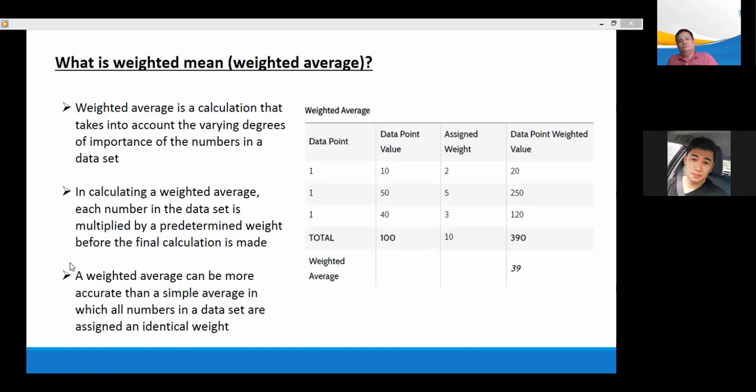In a weighted average, the final average number reflects the relative importance of each observation and is thus more descriptive than a simple average. It also has the effect of smoothing out the data and enhancing its accuracy.